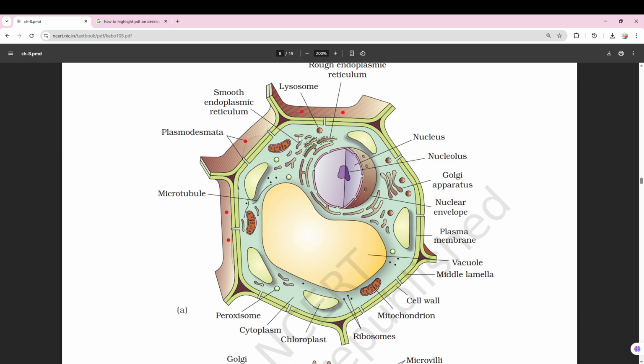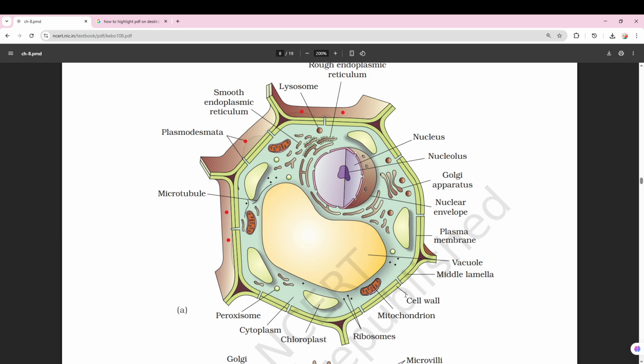And this is the smooth endoplasmic reticulum as it doesn't have any ribosomes on it. These are plasmodesmata. These are microtubules. Peroxisomes, cytoplasm. And this is the vacuole consisting of 90% of the cell. This is the middle lamella.